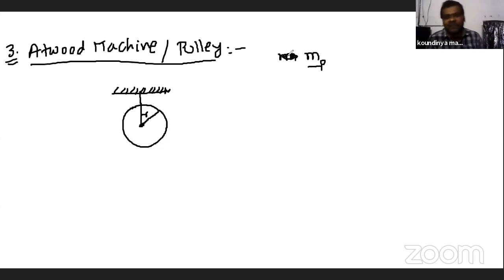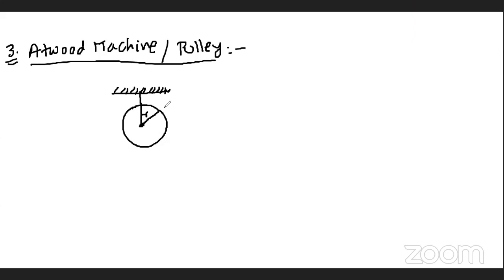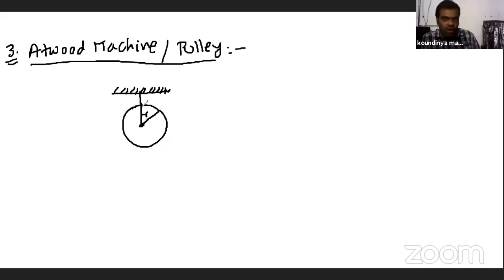Whatever basics we are studying, in addition to that we will have mass of the pulley, just some additional value. So firstly I will consider the pulley as massless with no motion, and after that I will consider the mass.